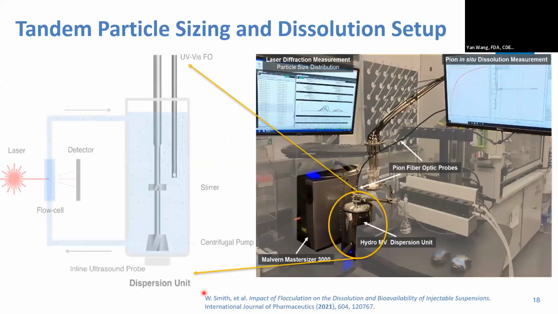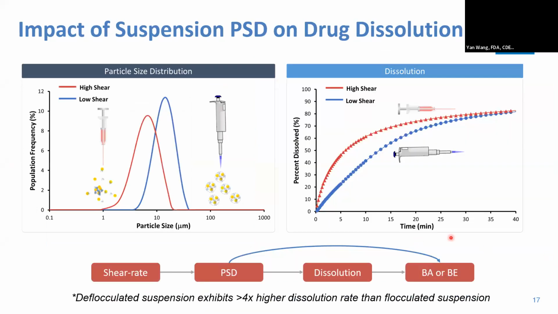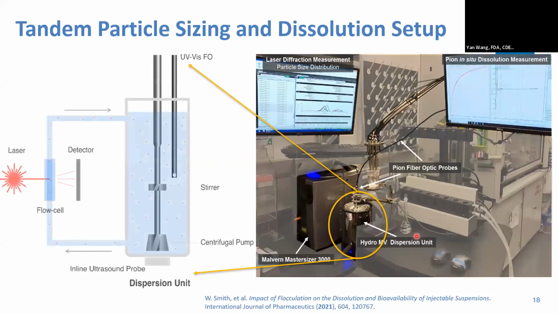This picture gives you a snapshot of how the system is set up and what it looks like. Because the dissolution is fairly quick, if you look at the previous slide, it's in minutes, conventional sampling and separation can't really keep up with this sort of dissolution setup.